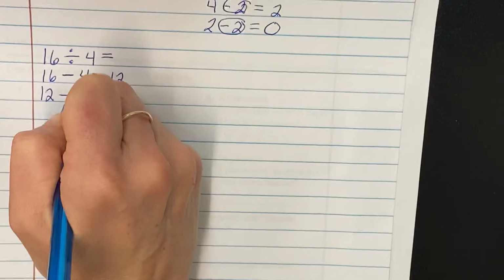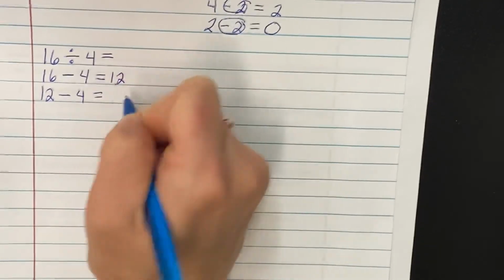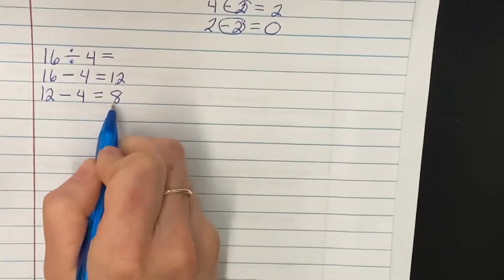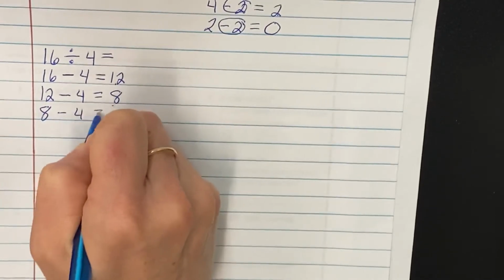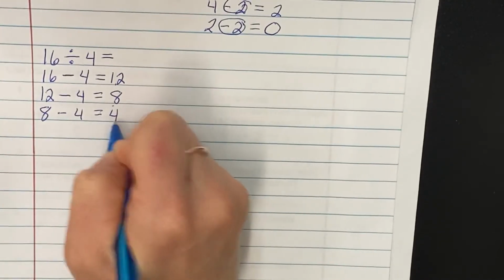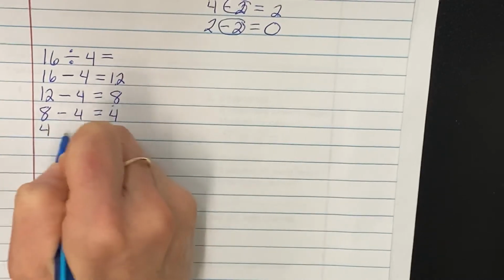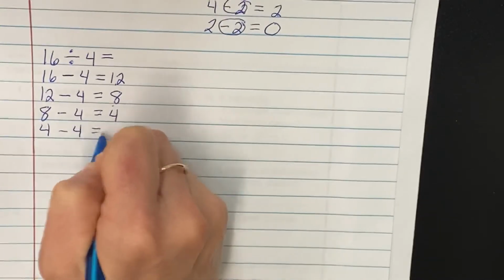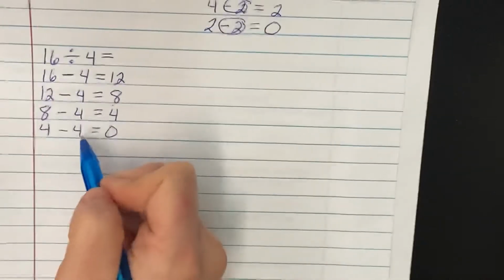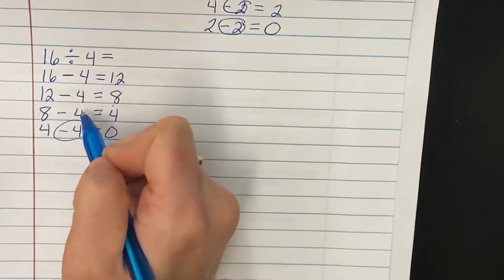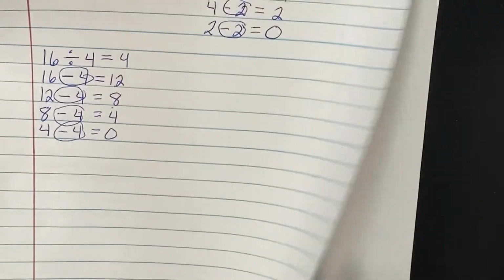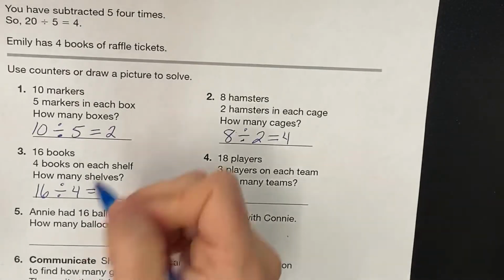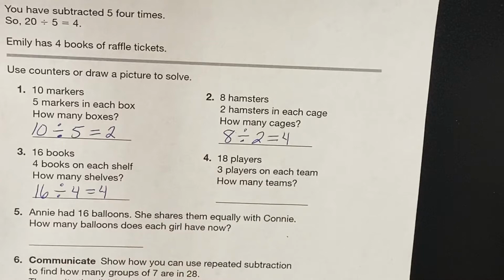Bring that 12 to the front. Subtract 4 again. 8. Bring that 8 to the front. Subtract 4 equals 4. Bring that 4 to the front. Subtract 4 again. 0. How many times did we subtract 4? 1, 2, 3, 4. 4 times. So 16 divided by 4 equals 4.